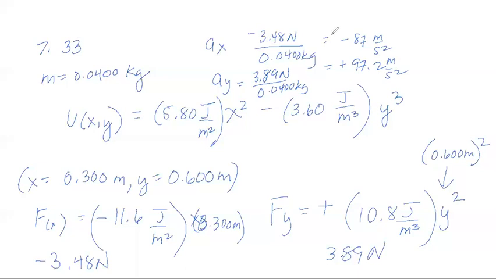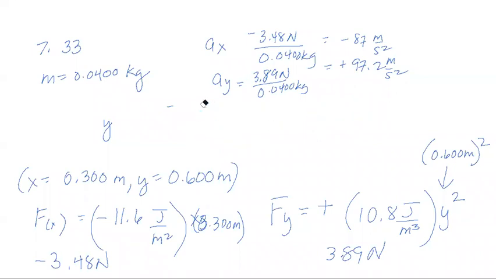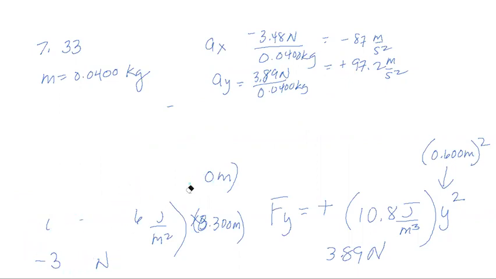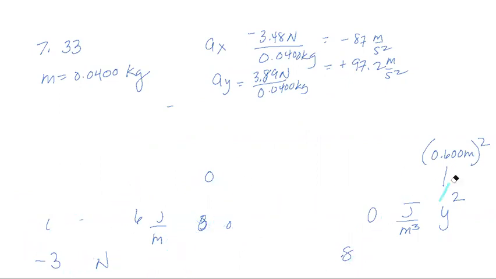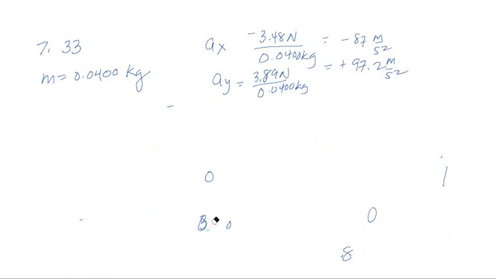Now, we always want to convert to polar, so let me get some board space. So we're going to have a equals the square root of ax squared plus ay squared.